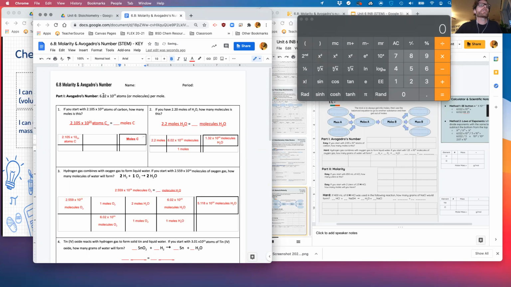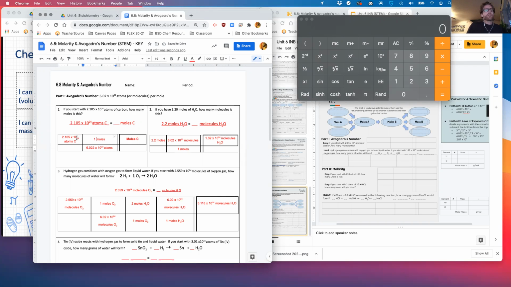So this right here is just a one-step conversion using Avogadro's number. So I put atoms on the bottom, moles on top, and right now it is 6.022 times 10 to the 23rd atoms for every 1 mole.